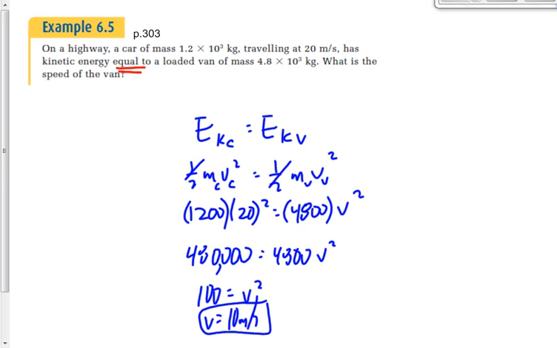Take a look at the numbers there though. The mass quadrupled. Why did the speed not go down by a factor of 4? Because it's squared. 10 meters per second is the speed of this van.